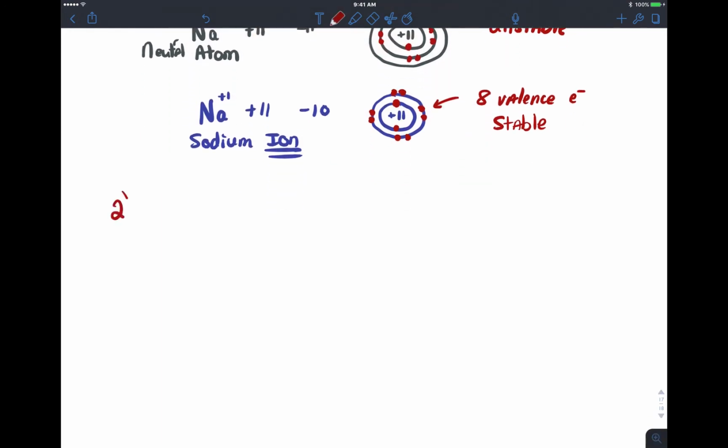Okay, the second trend is the ionization energy.